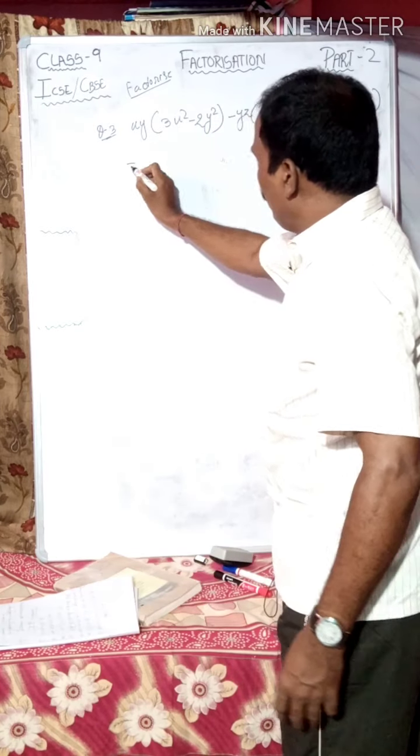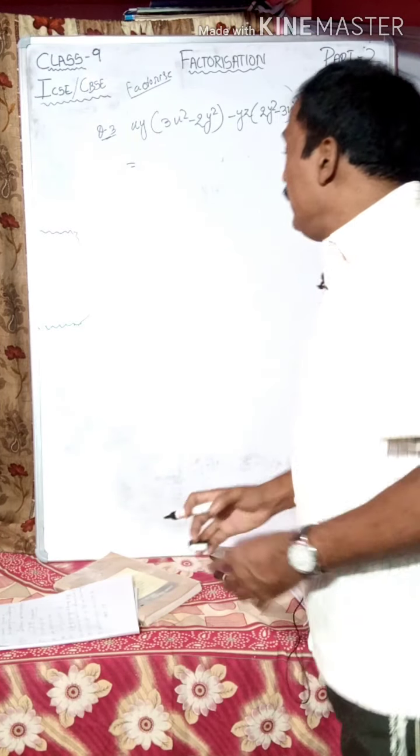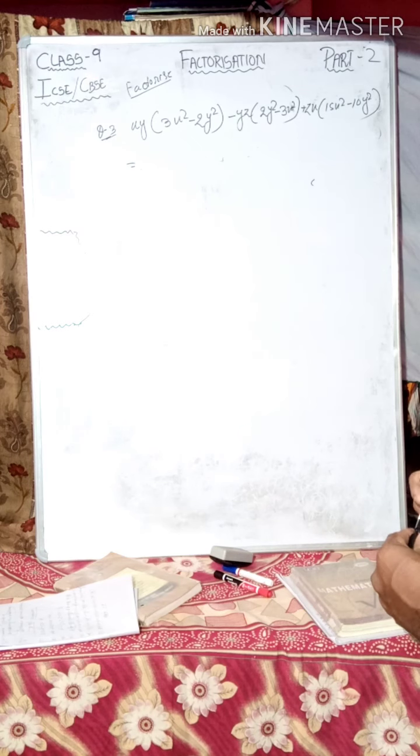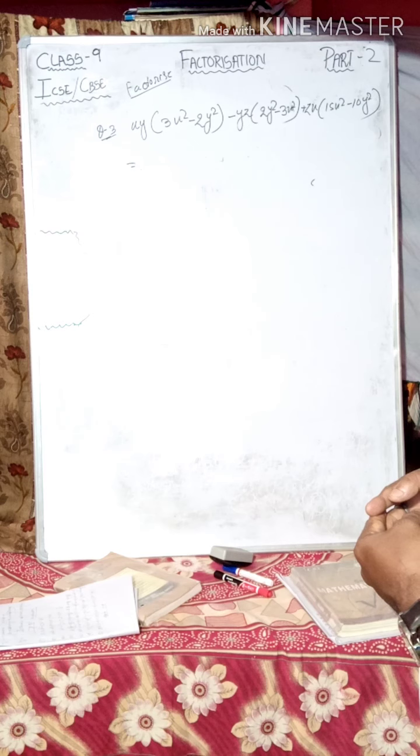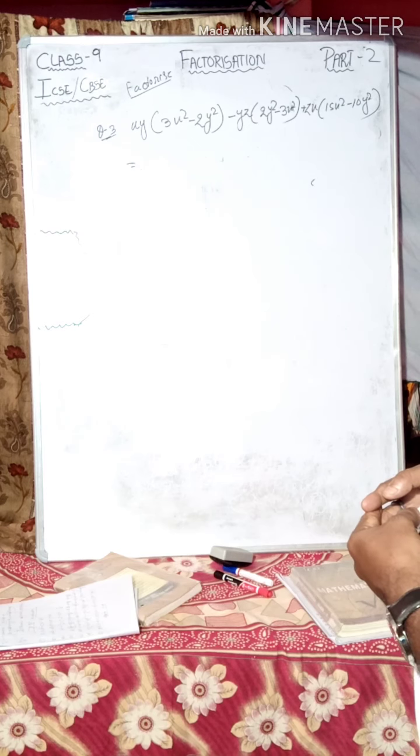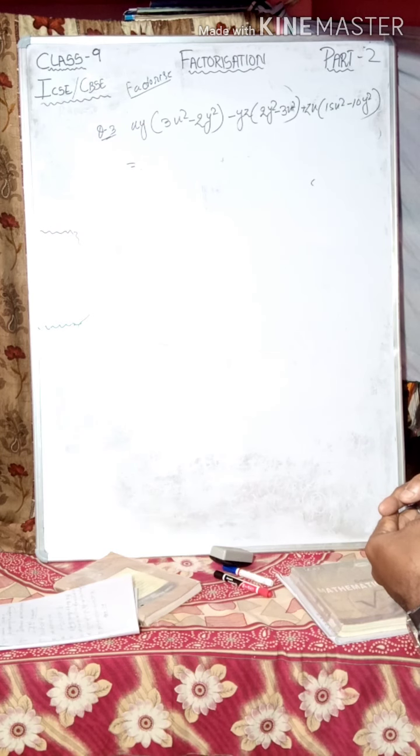This is the question. So our question is xy whole into 3x square minus 2y square minus yz into 2y square minus 3x square plus zx into 15x square plus 10y square.